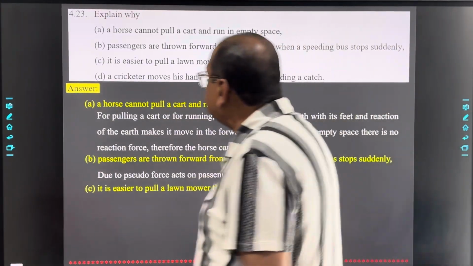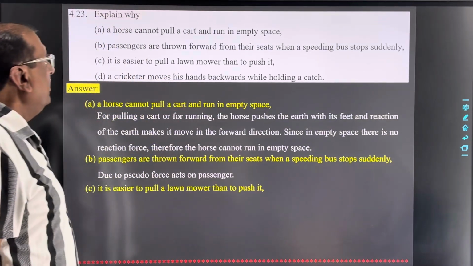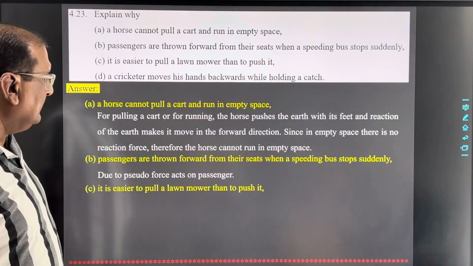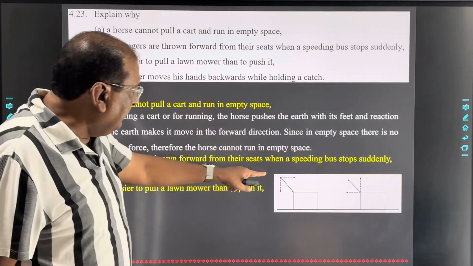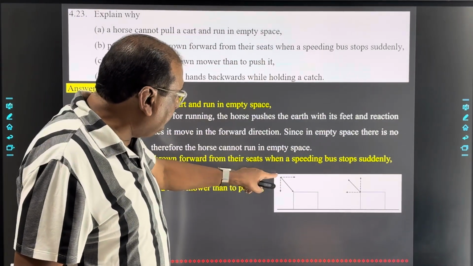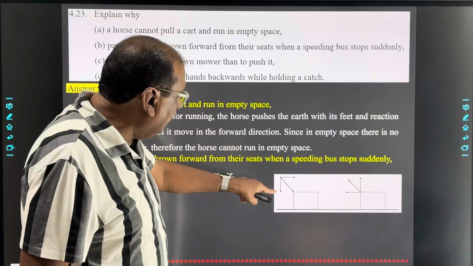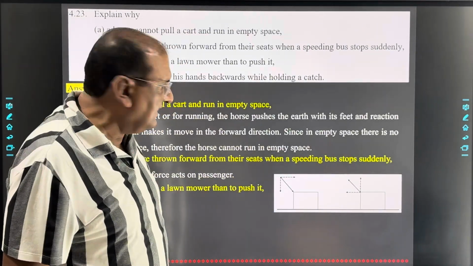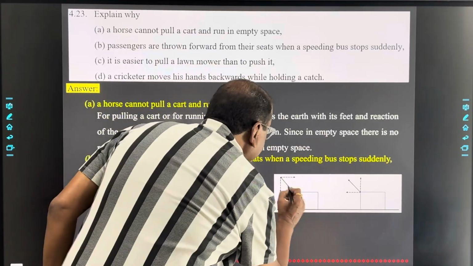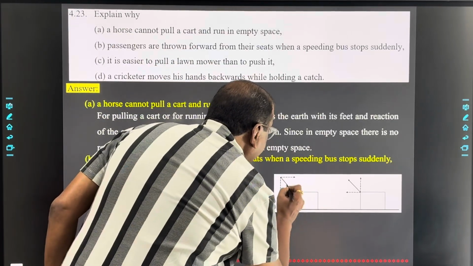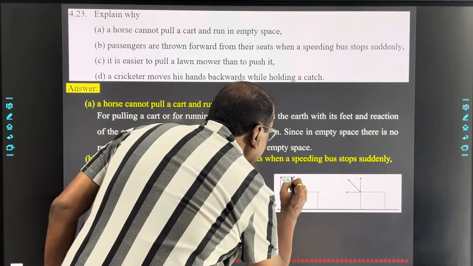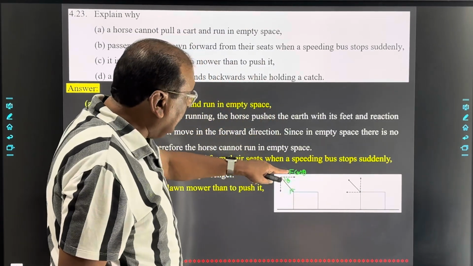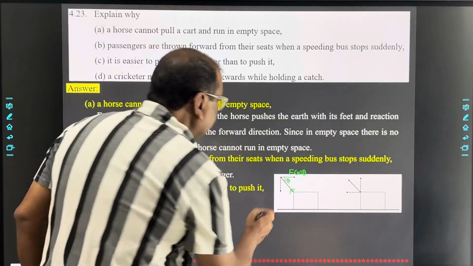Third one, it is easier to pull a lawn mower than to push it. This you can easily understand with the help of a figure. When you push it with force F, then one component of the force is in the downward direction. So here, suppose we take the force F, and this angle theta, then F cos theta helps to move this in the forward direction.